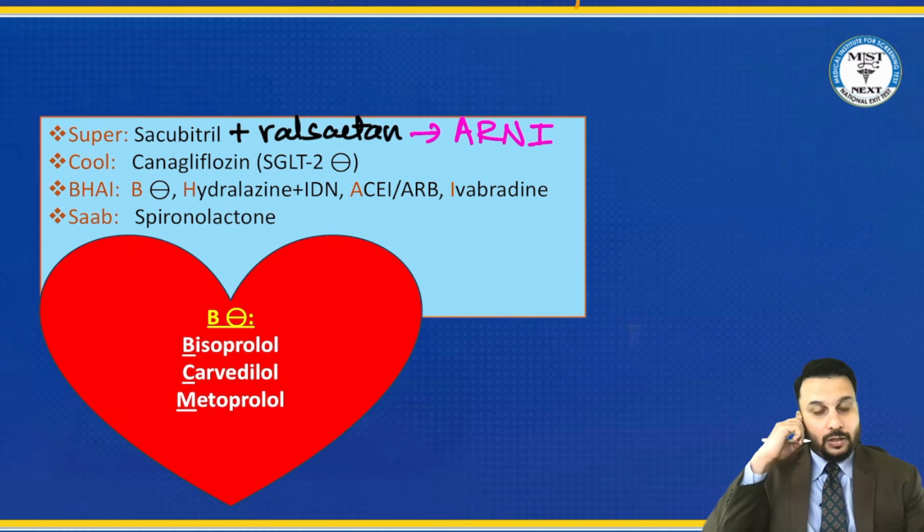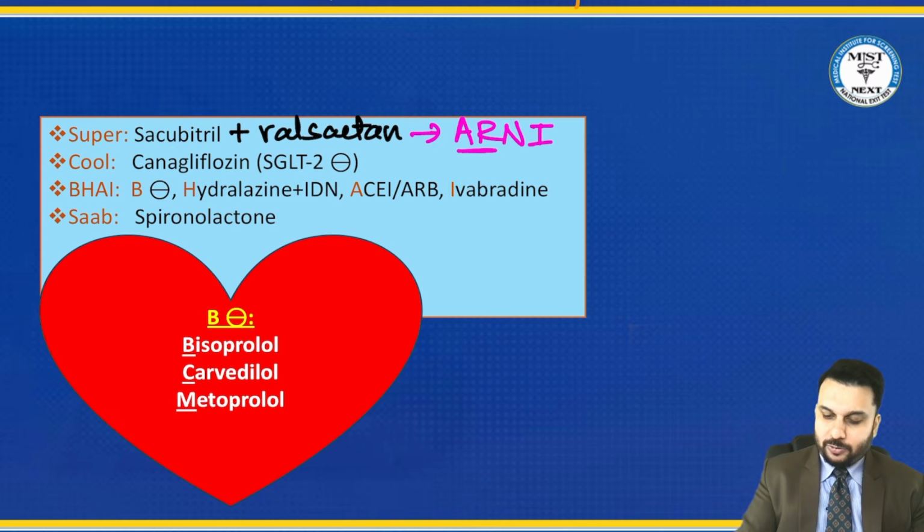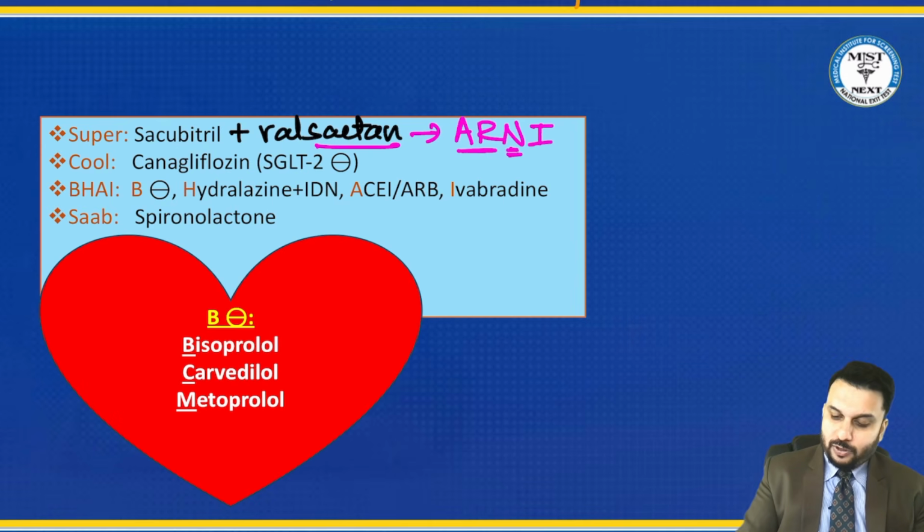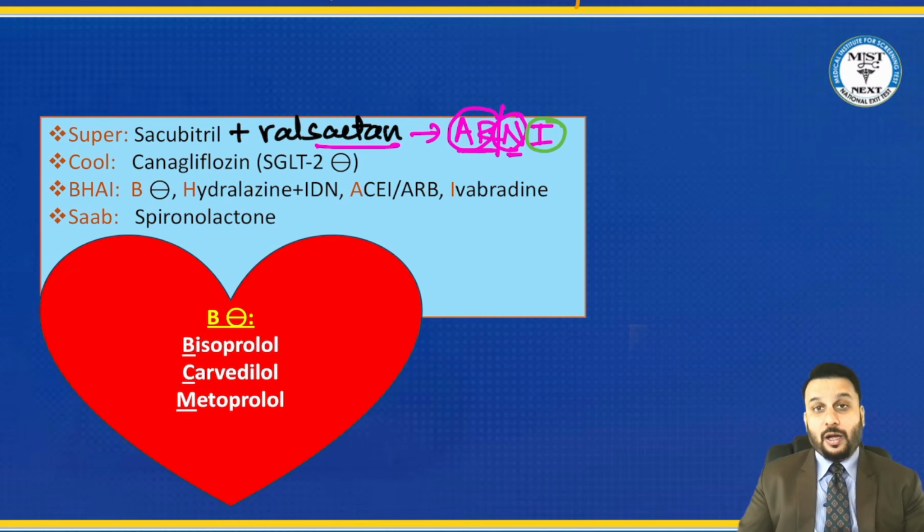Now, what is ARNI? Angiotensin receptor blockers are called sartans. And N for neprilysin inhibitor. Neprilysin inhibitor is called sacubitril. So it's a combination of two drugs, angiotensin receptor blocker plus neprilysin inhibitor. Okay, that is called ARNI.